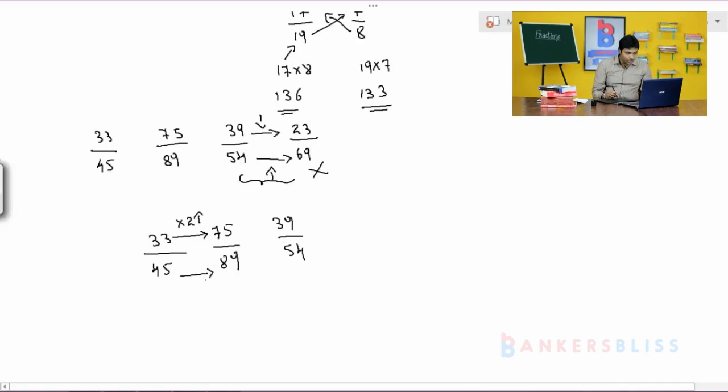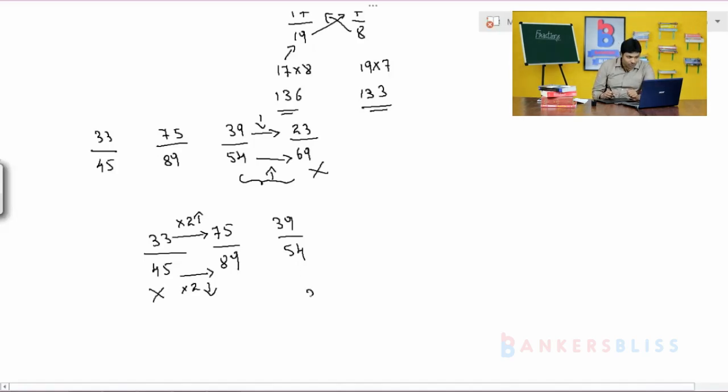Here 45 2s are 90, but the denominator is increased less than twice. Means the resultant fraction, that is 75 by 89, is more than 33 by 45. Why? Already we explained. The numerator increasing rate is more than the denominator increasing rate. Therefore, 33 by 45 cannot be the answer.